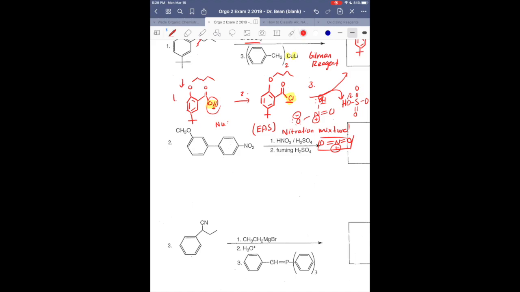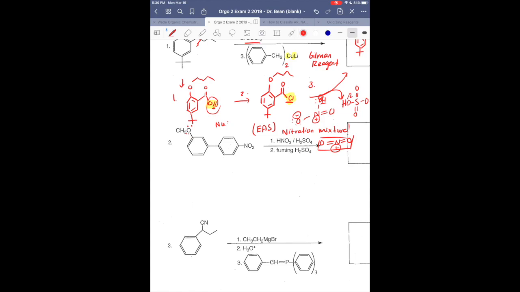So if it's acting as a nucleophile, does it help to have electron withdrawing groups or electron donating groups? It helps to have the electron donating groups because those increase the nucleophilicity of the ring, allowing for it to react.